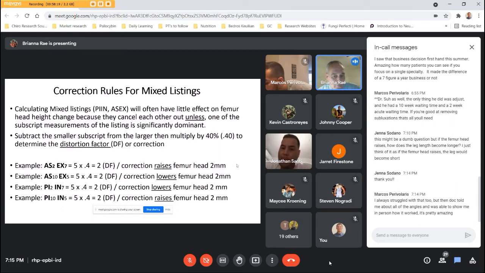Because you wouldn't want somebody with an anatomical short left leg of 4 millimeters, but a level sacral base, and just make sure they have equal leg length and give them a 4 millimeter lift. You would actually jack up that sacrum on that side and probably create a problem for them.